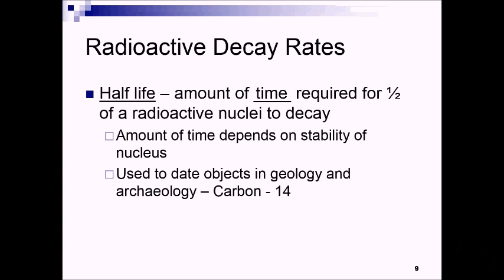So let's say you know how much carbon-14 is in a typical human bone, and you happen to find a bone, and you dig it up, and you measure it for how much carbon-14 is in it, and about half the amount of carbon-14 you would find in a normal living bone is there. So if about half of the amount of carbon-14 is there that we expect, then we know 6,000 years has passed since that animal died.